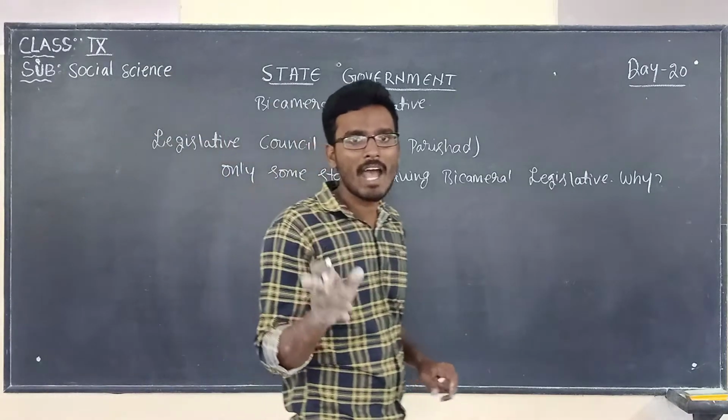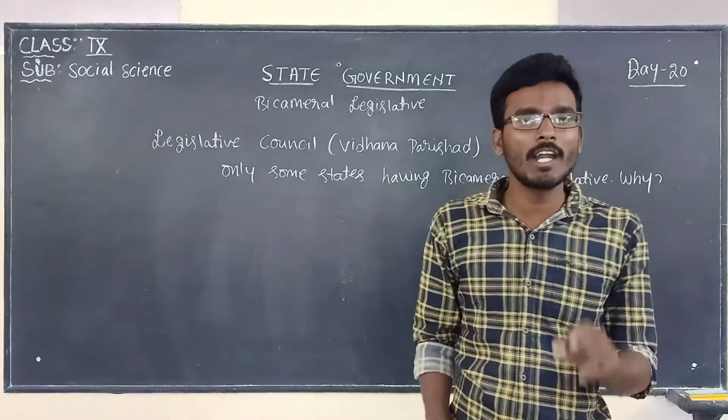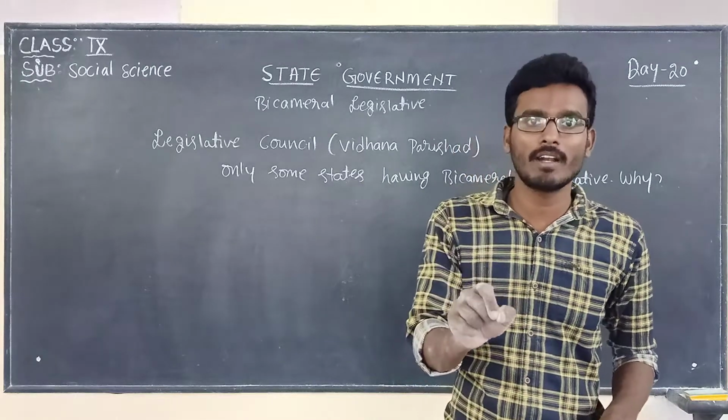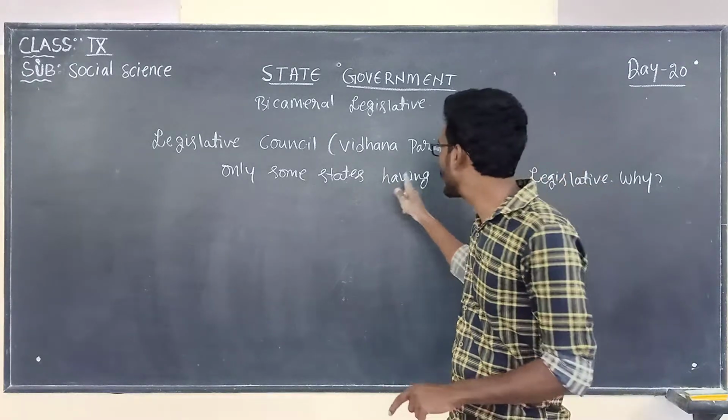Remember, if a state has only a Legislative Assembly, that is unicameral. If it also has a Legislative Council, that is known as bicameral.